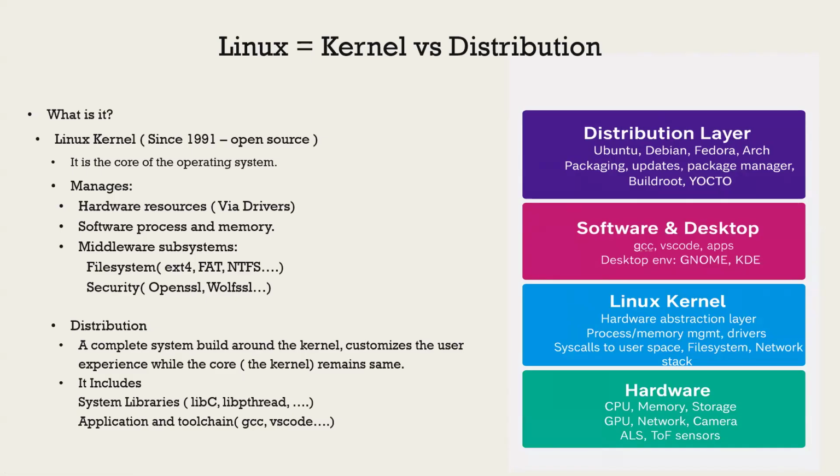So here there is a very specific layer of the Linux kernel which is abstracting the hardware. For example, when you are using your web browser, irrespective of Wi-Fi or cellular or Ethernet, it is streaming your data.